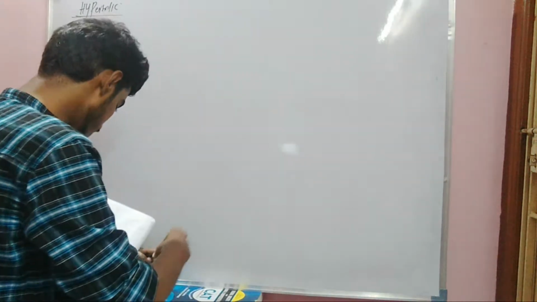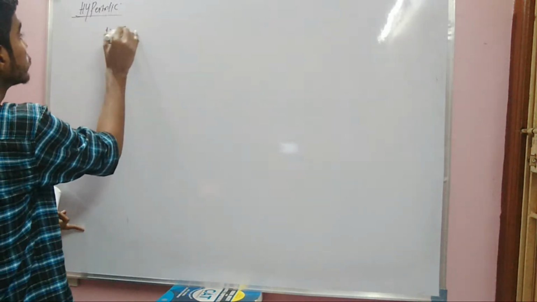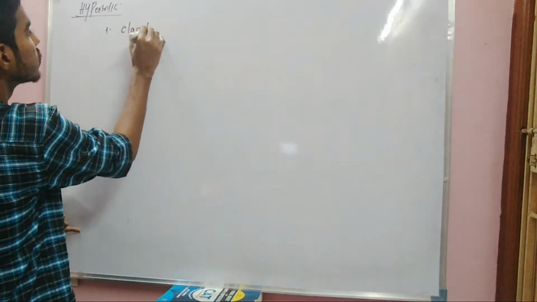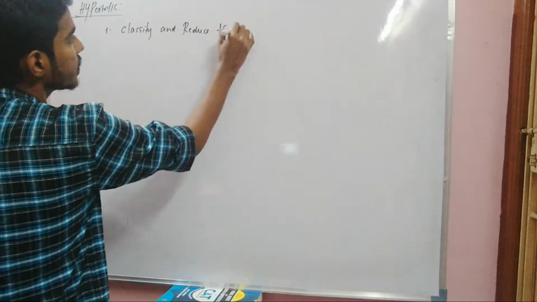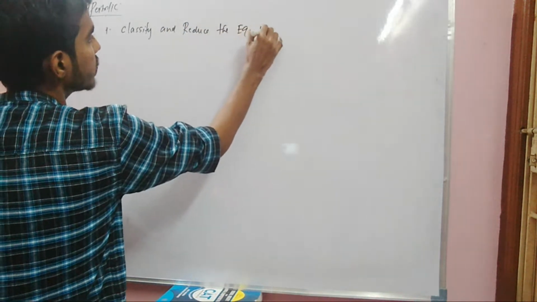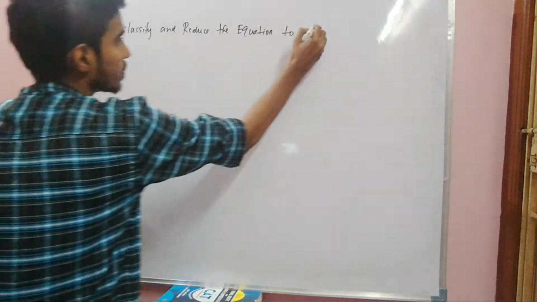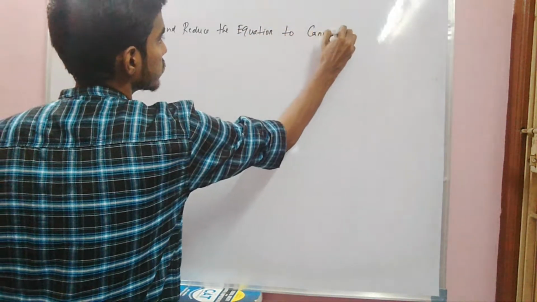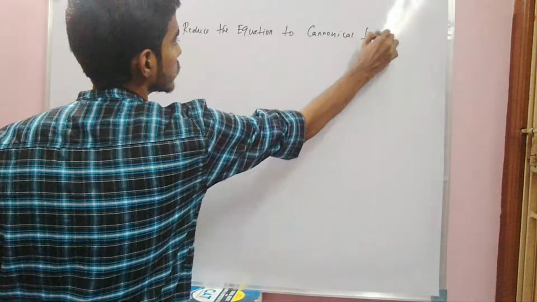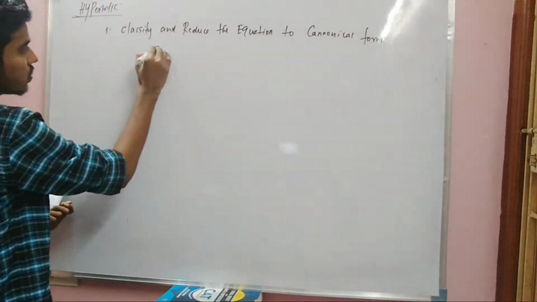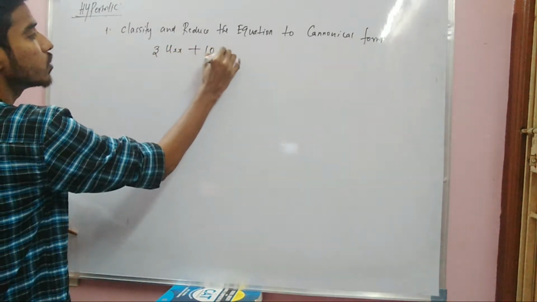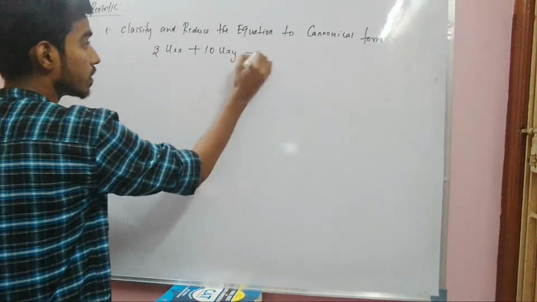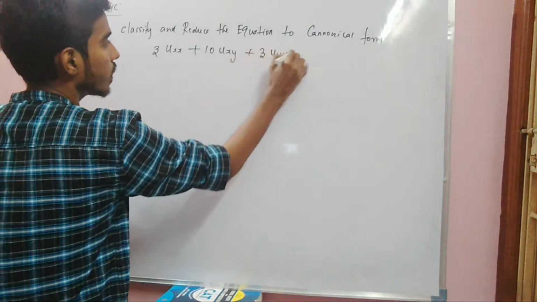The first question is classify and reduce the equation to canonical form. Right? First question is 3uxx plus 10uxy plus 3uyy equal to 0.